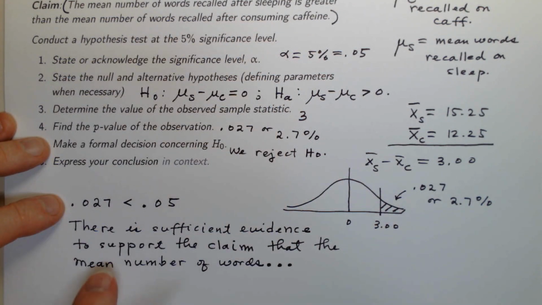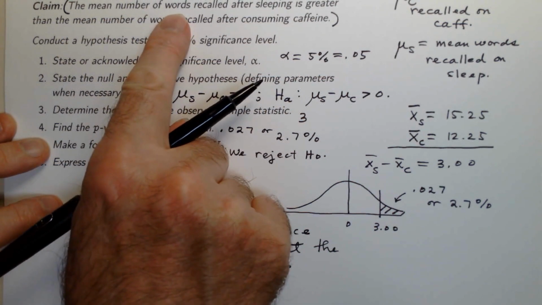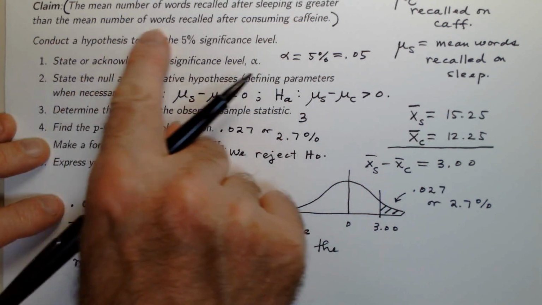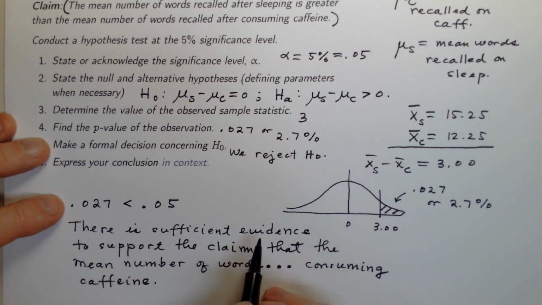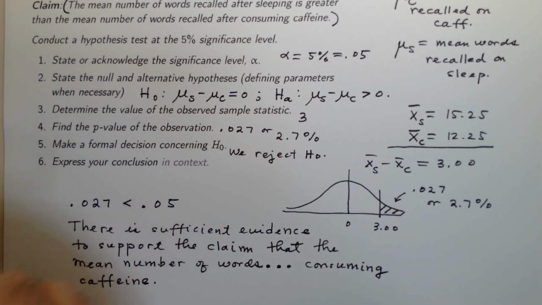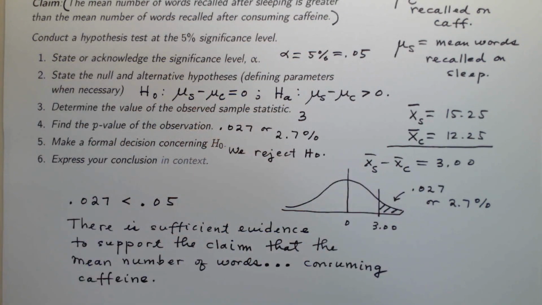So I'll just end it by saying there is sufficient evidence to support the claim that the mean number of words recalled after sleeping is greater than the mean number of words recalled after consuming caffeine. So you get the idea that we can just basically lift our claim and put it in after this initial clause which says there is sufficient evidence to support the claim that. Okay, so that's how we would do a hypothesis test using this 6-step method.